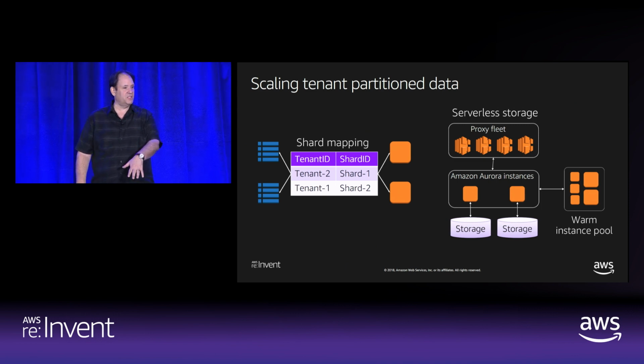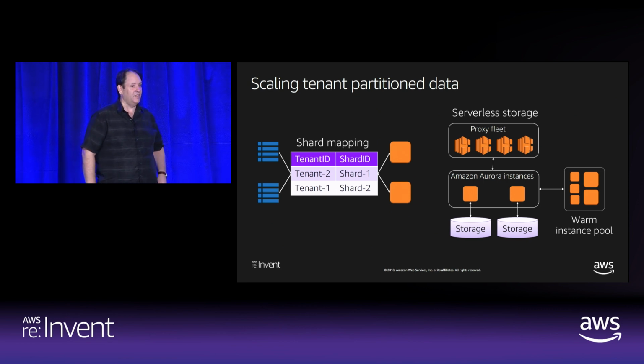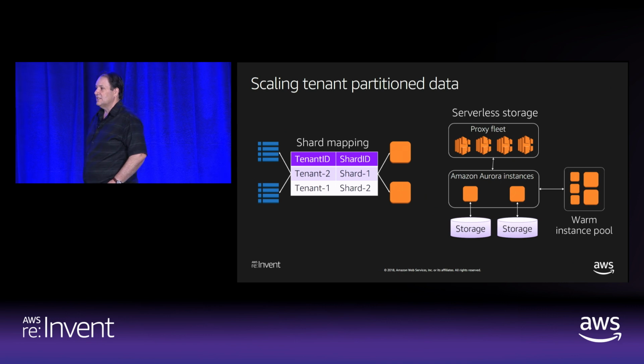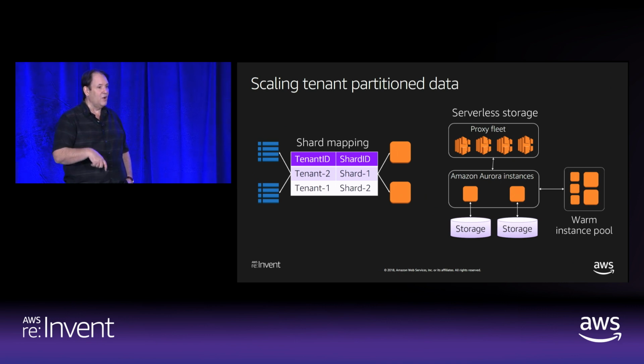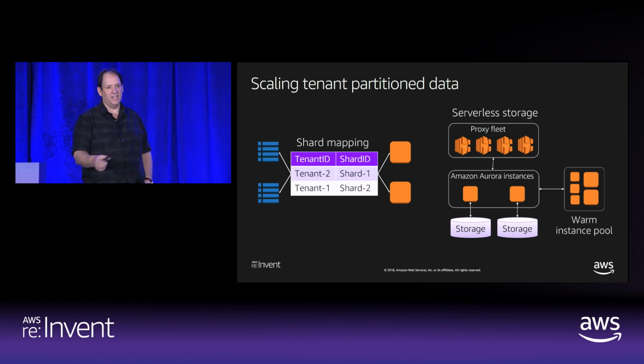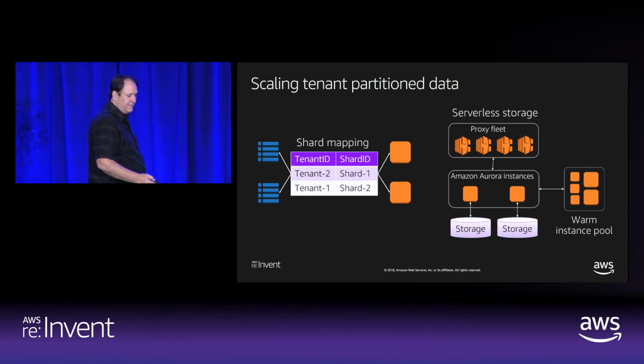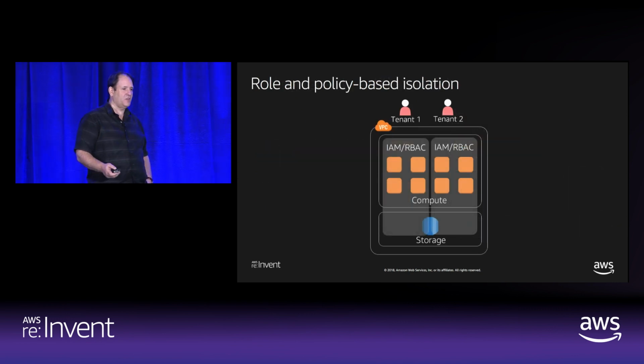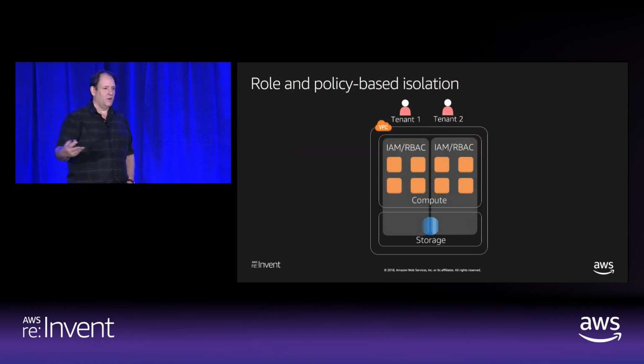You'll still pay for the storage the same way you did before. But if suddenly there's a huge ramp up in activity, it'll bring in appropriately sized instances from this warm pool. So now we're no longer chasing the problem of what size instance we should have here. Of course, that solves the problem for relational.